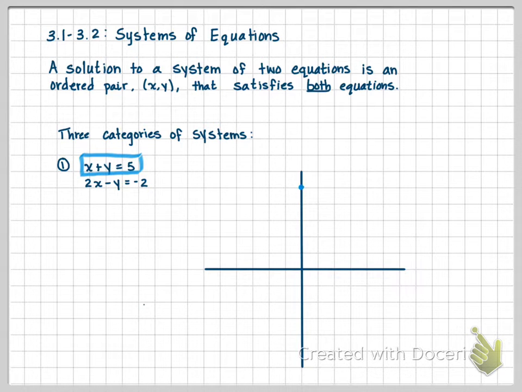of 0, 5. And if your Y value is 0, then this term just goes away. And so you just have X equals 5. And so our X-intercept is 1, 2, 3, 4, 5. So that's an easy way to get 2 points. If it's a straight line, all you need is 2 points to draw it.